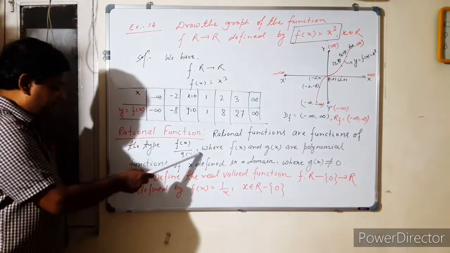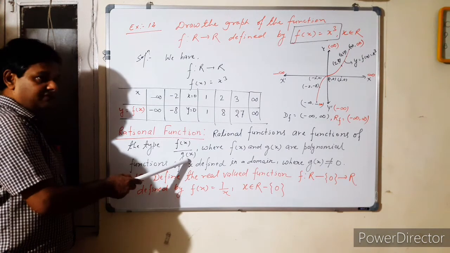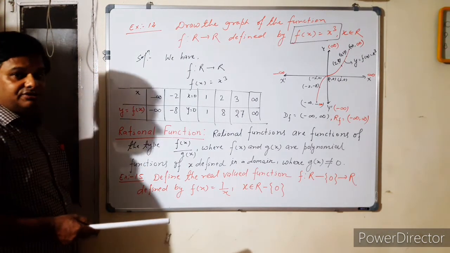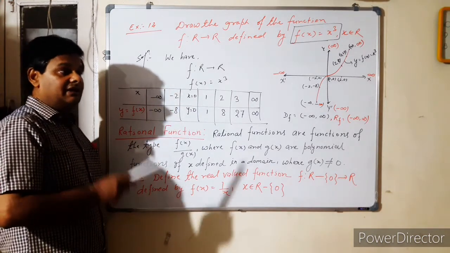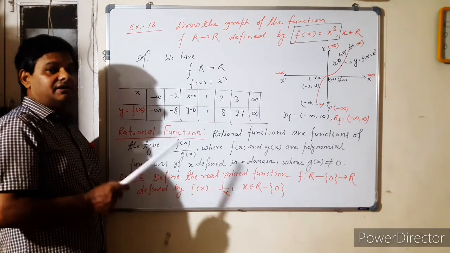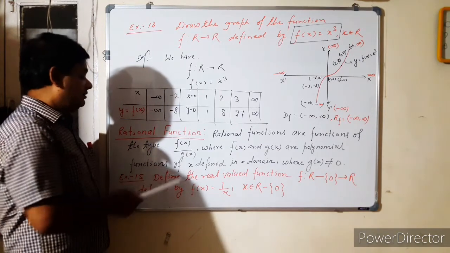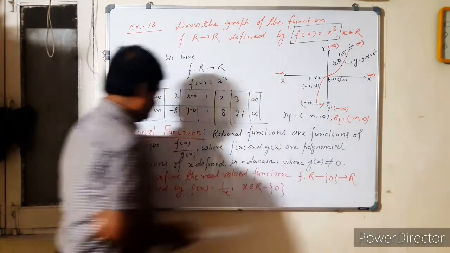So see here, if g(x) is 0, then the function is not defined. 5 by 0 is not defined, 2 by 0 is not defined. It means any finite number divided by 0 is not defined. So that's why g(x) is not equal to 0.